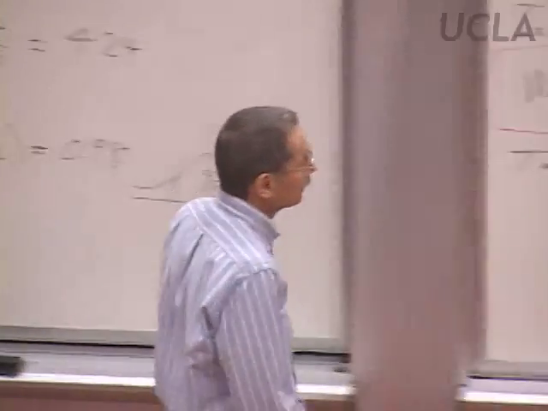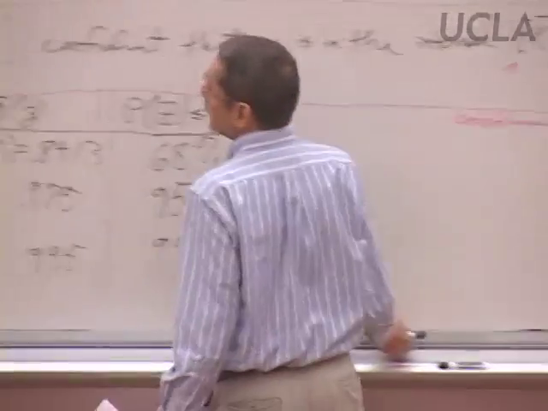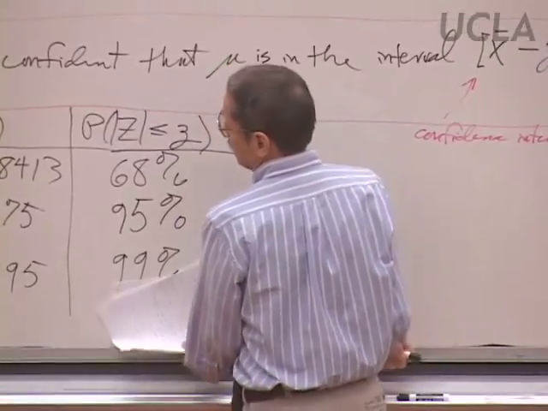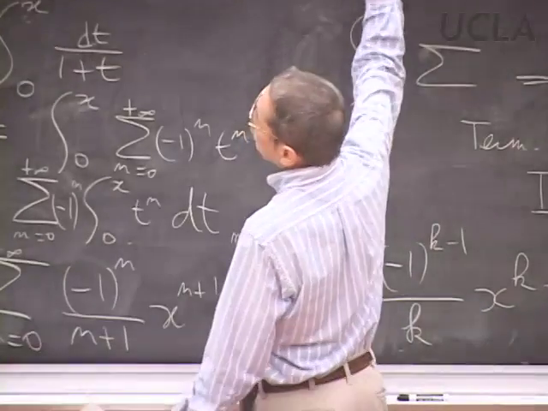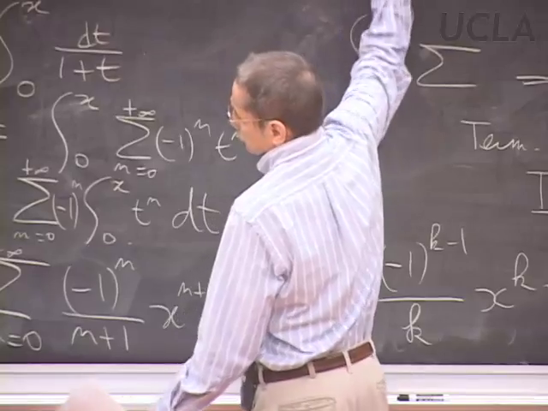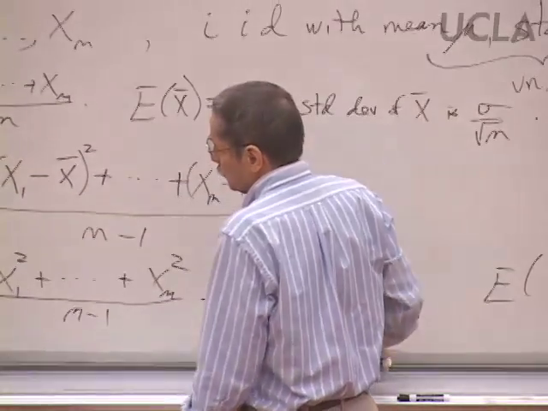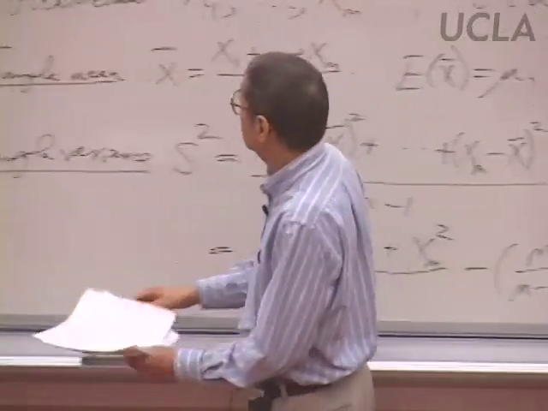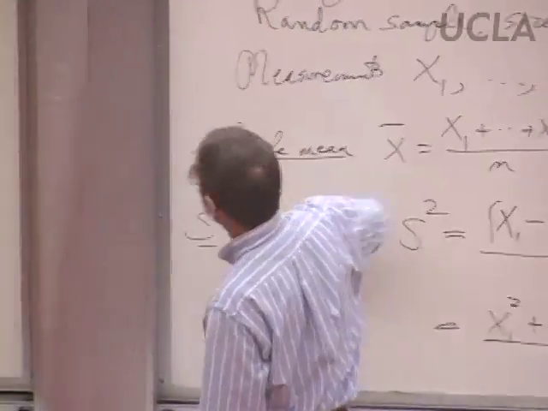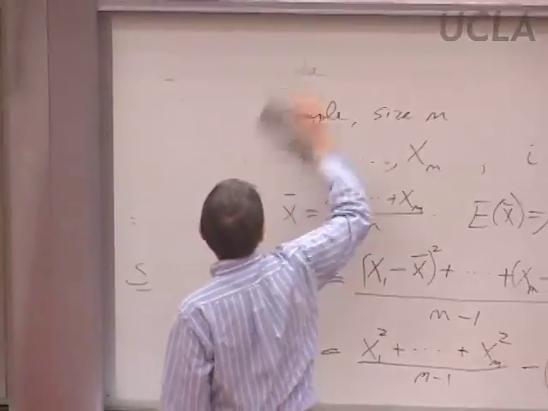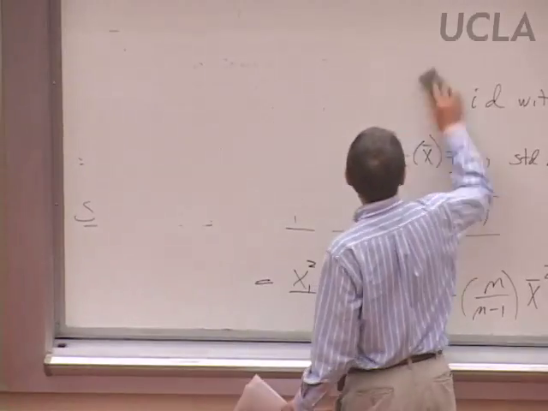So, secondly, we make our confidence interval, and it goes from the sample mean down z standard errors and up z standard errors.